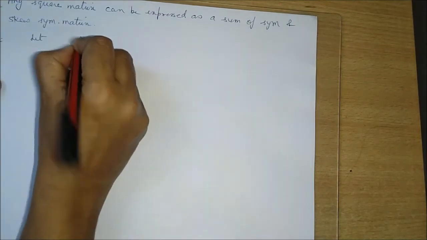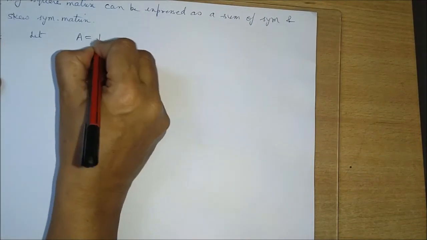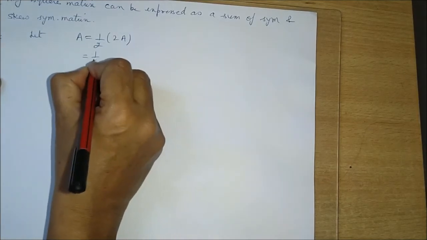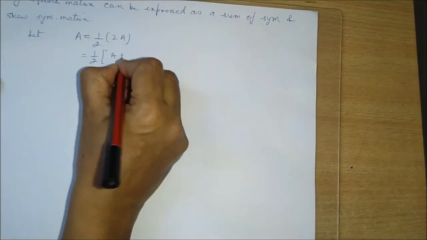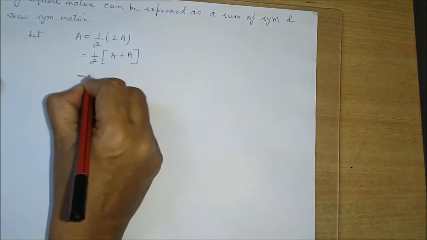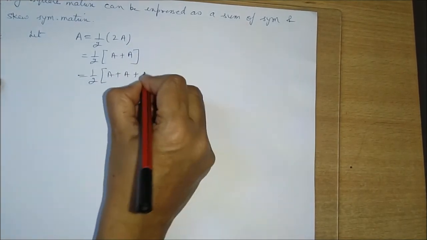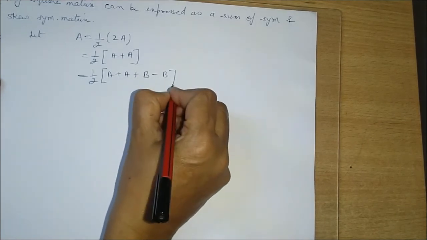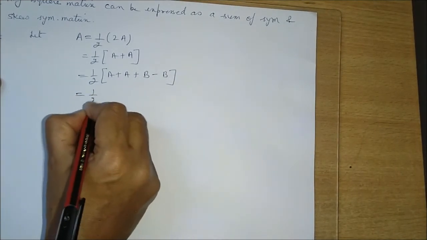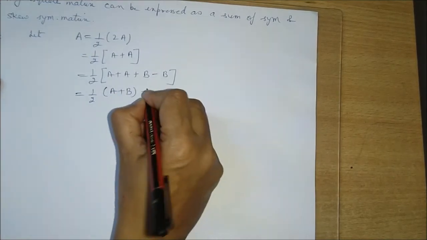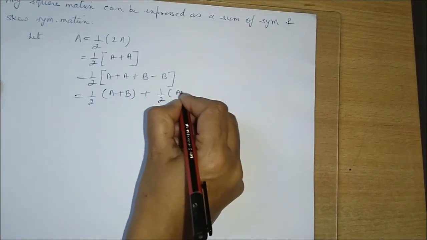Let A be any given matrix. So this A can be written as 1 by 2 into 2A, which is 1 by 2 (A plus A). Now we can add and subtract another matrix in this one, B and minus B. This can be written as 1 by 2 (A plus B) plus 1 by 2 (A minus B).